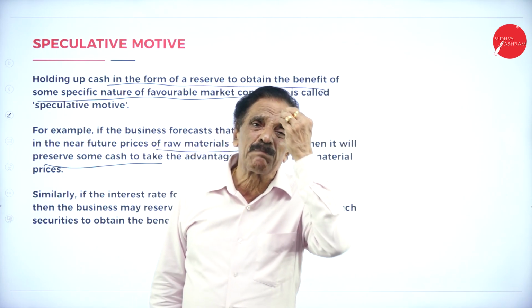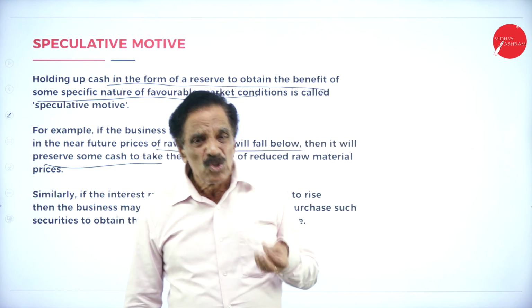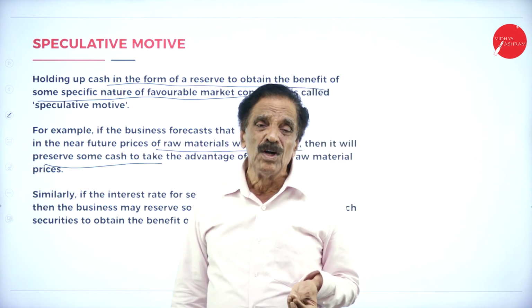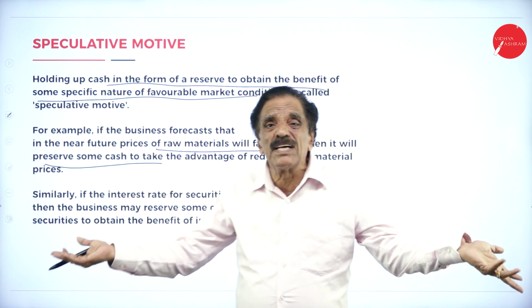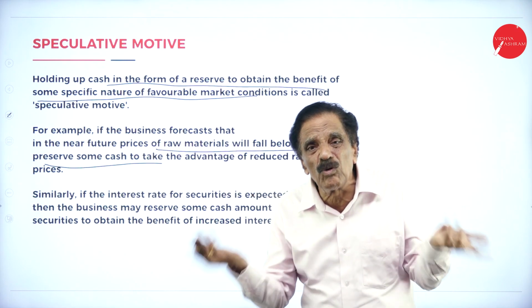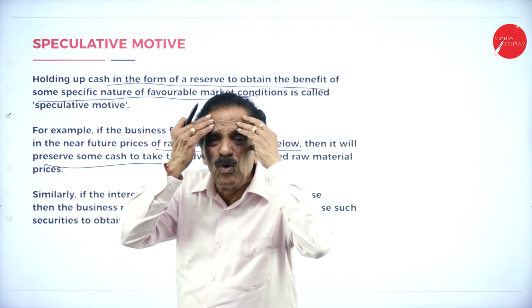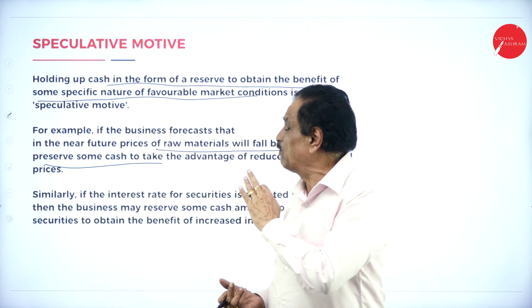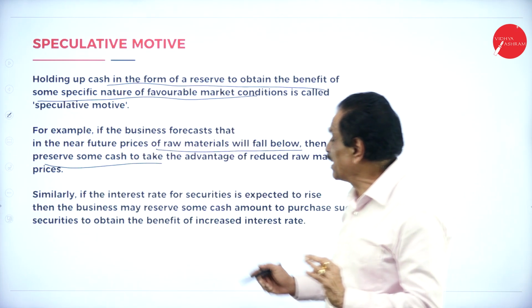You must make a plan such that if these circumstances come, you are in a position to purchase the raw material, or else you will be considered a fool with no planning. You must have a certain plan in your life, especially for business.